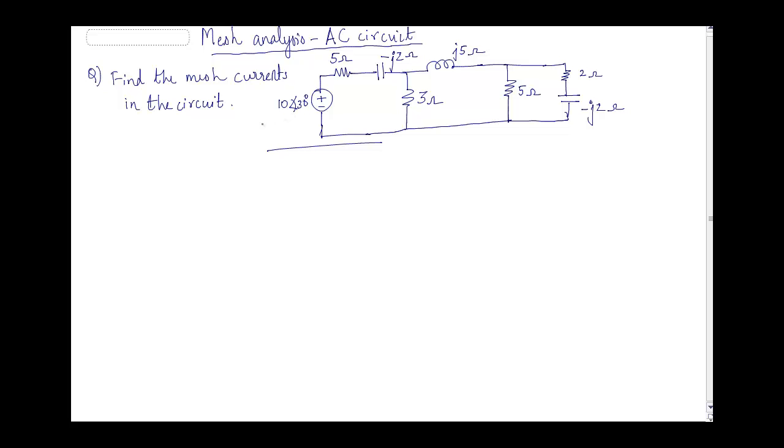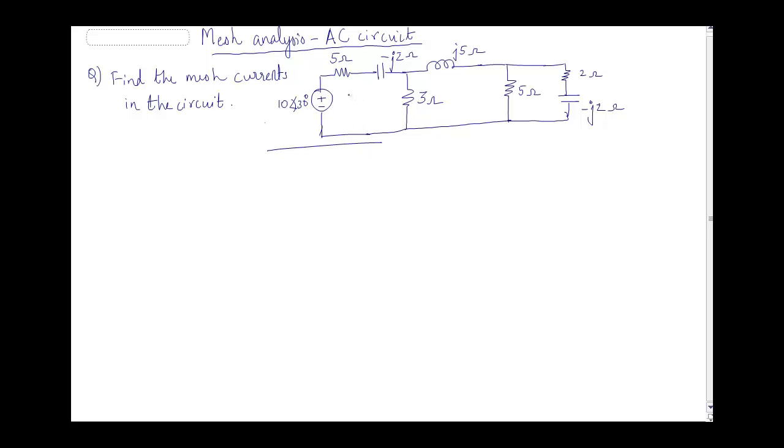This is basically 10 cos omega t plus 30. Not that we are interested in that, because that is hardly of any much use to us. Now it has been converted into phasor, so there is no need for us to look into that, so I will remove that. Next we are having the currents.